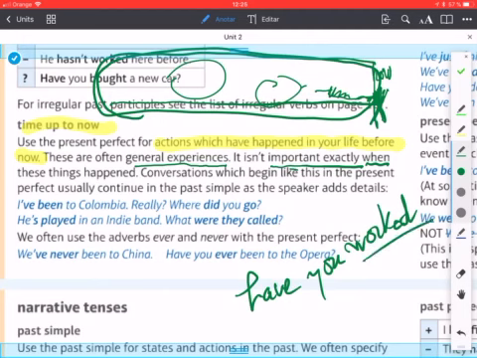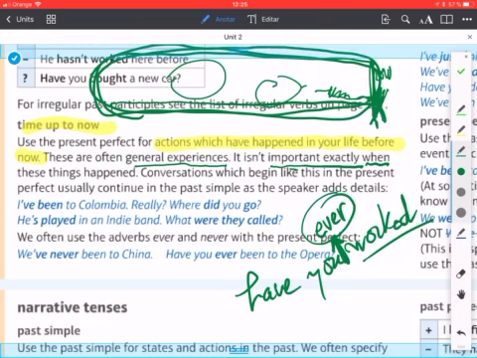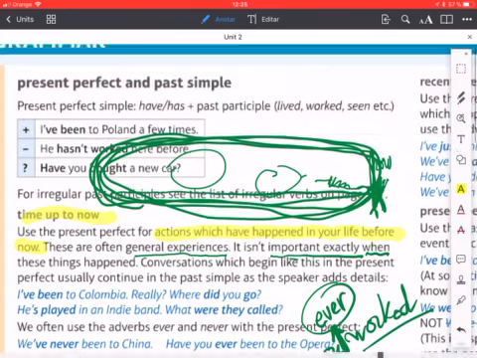And many times between those two, the subject and the verb, you introduce the adverb ever. Have you ever worked? In Spanish, that would be alguna vez. Okay, so alguna vez, ever. It's an emphatic adverb, meaning in your life, in this context, up to now.